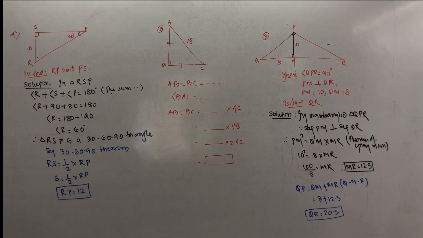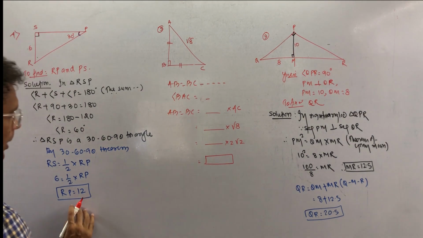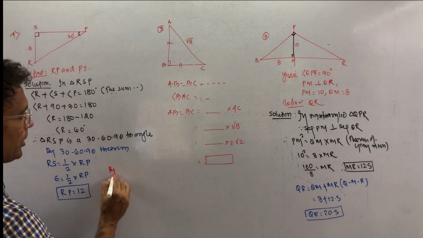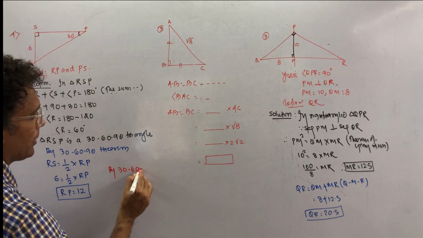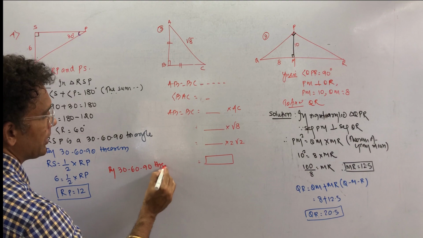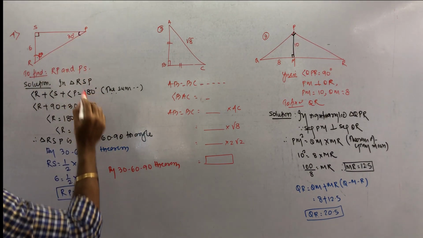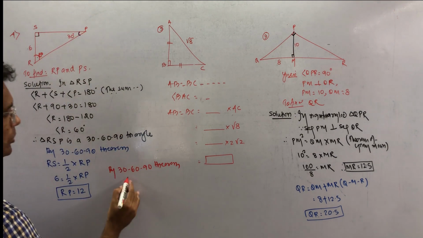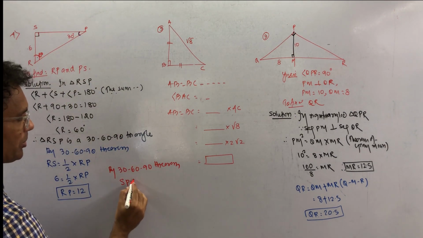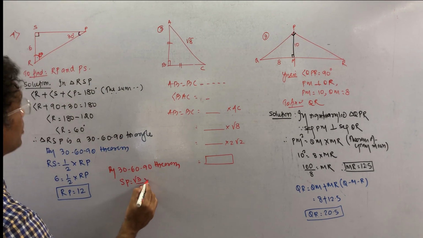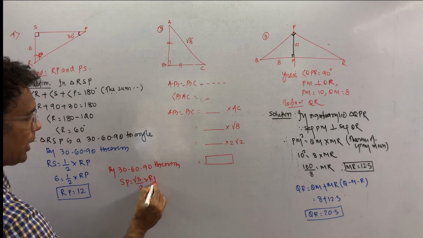Now RP has come. Next, one more thing to find out is PS. I'll do it over here. Again we say by the 30-60-90 theorem, now use this 60. The side opposite to 60 degree is SP. The formula is root 3 upon 2 times the hypotenuse.